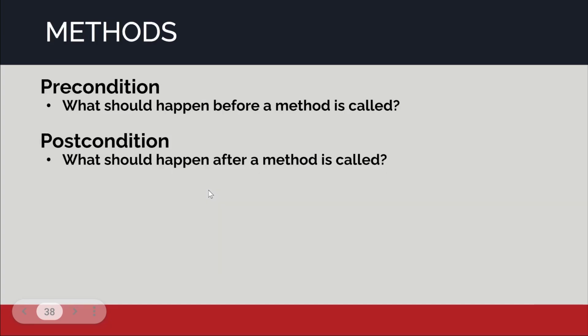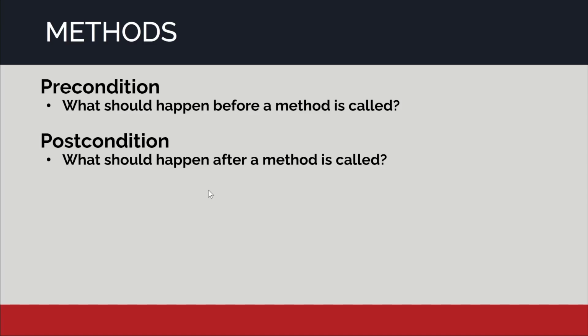Okay. So all this talk about expectations and conditions raises the idea of a pair of concepts. These are preconditions and postconditions. A precondition is something that you expect to happen before a method is called.